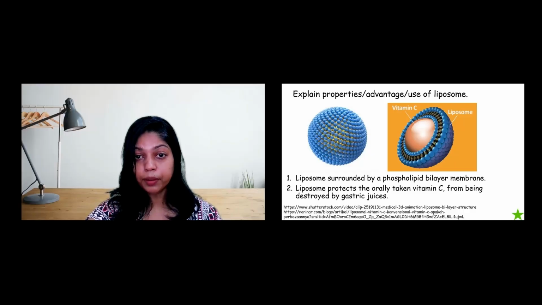The drug or vitamin inside the liposome is like the item inside the package, and the phospholipid bilayer is like the waterproof covering that prevents damage during transport. The targeting molecules on the liposome surface are like the delivery address written on the cover of the package, ensuring it reaches the correct destination.